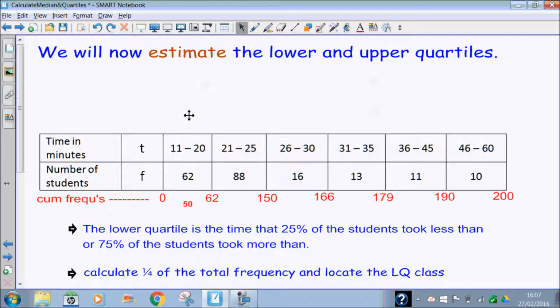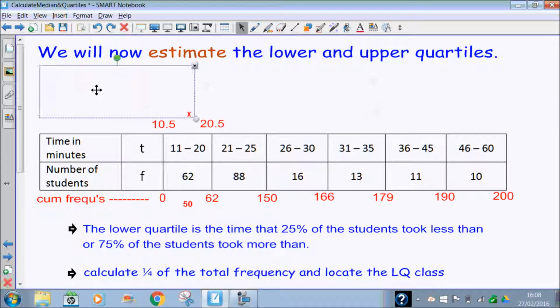and we can call it x. We can then use the same operation as we did for the median. Identify the class boundaries, and then use the fact that the ratio of x minus 10.5 to 20.5 minus 10.5 is the same as 50 minus 0 to 62 minus 0.